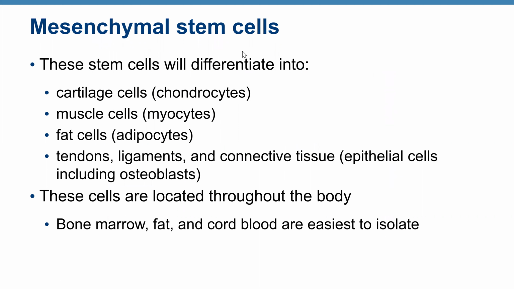These stem cells differentiate into cartilage, muscle cell, fat, tendons, and ligaments, and connective tissue, including osteoblasts found in skin, for example. These cells are located throughout the body. They are found in bone marrow, in the fat, in the spinal cord, blood, and they are easiest to isolate.